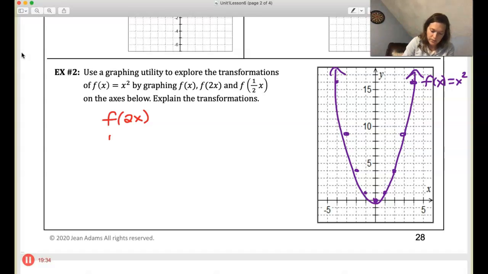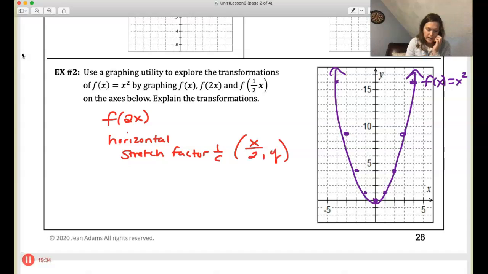So it's going to be a horizontal stretch with a factor of 1/c. Our rule is going to be x divided by 2, comma y. And we're doing 2x squared. If I plug that 2x into my f of x, 2x ends up being 4x squared.